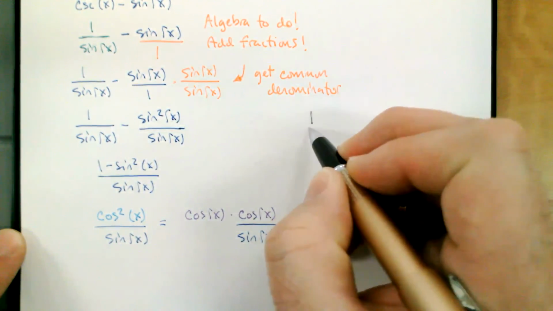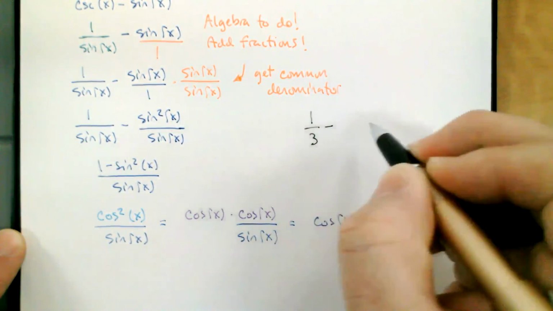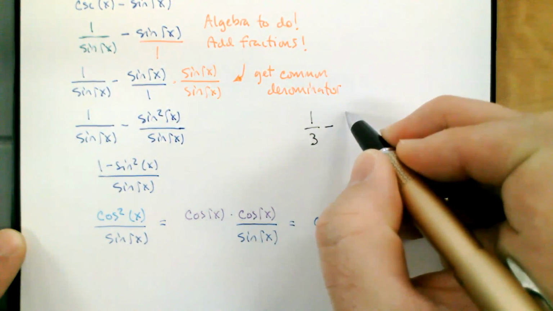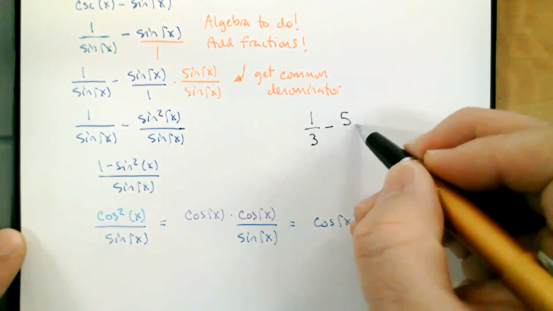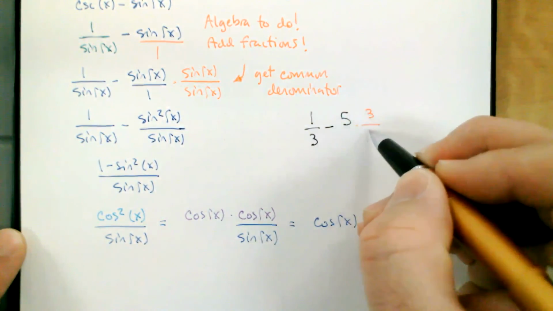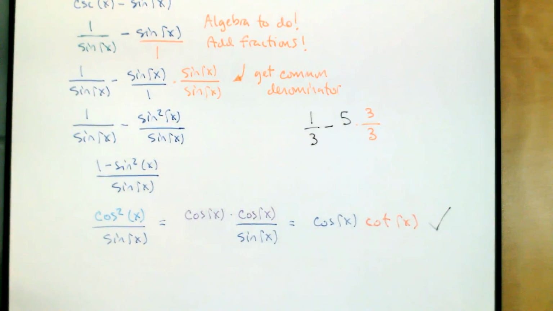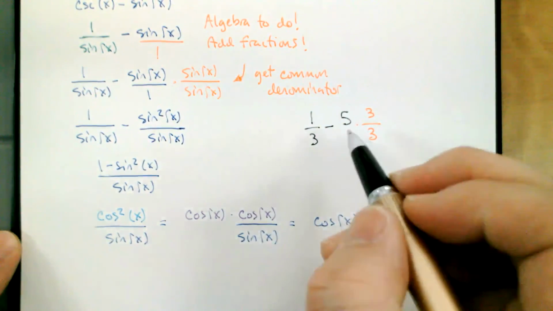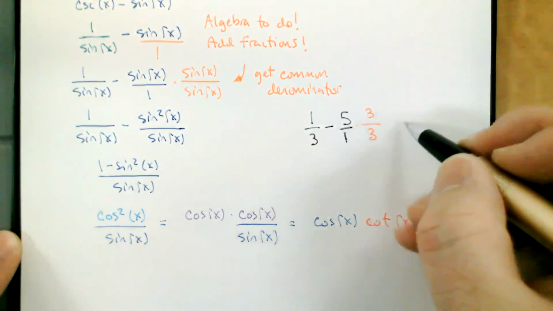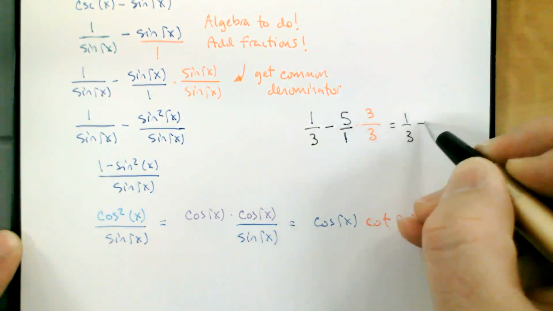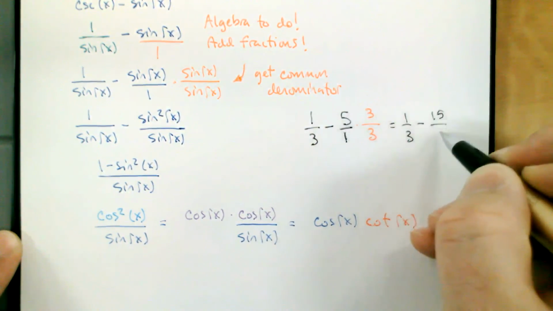1/3 minus 5. Our strategy would be to get a common denominator, 3/3, because we think of the 5 as being 5/1. So this becomes 1/3 minus 15/3.